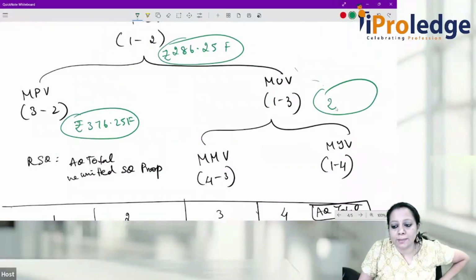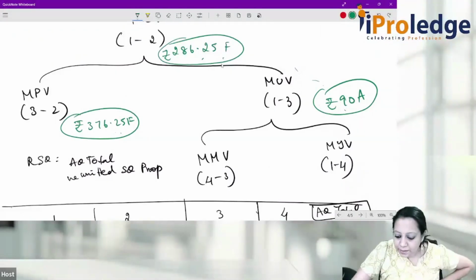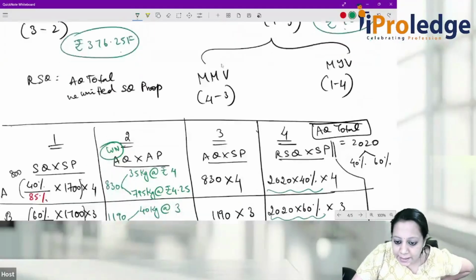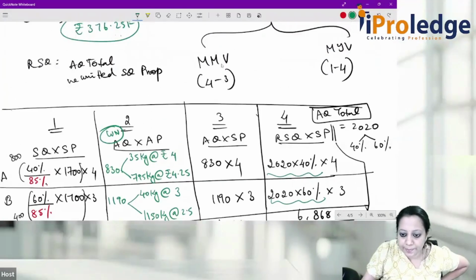See, all of you know this: this plus this should be equal to this. Like that, you can cross verify also. 376.25 minus 90 will give you 286.25 favorable. Mix variance is 4 minus 3, 22 adverse.